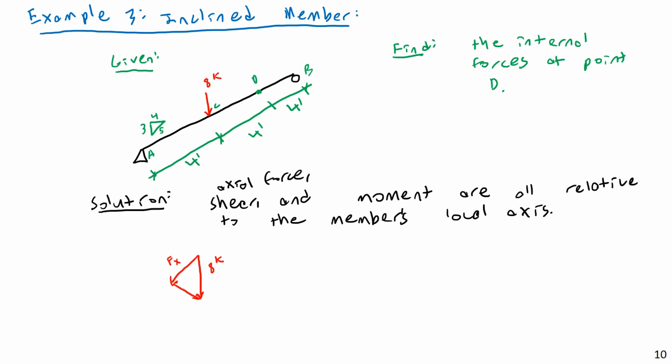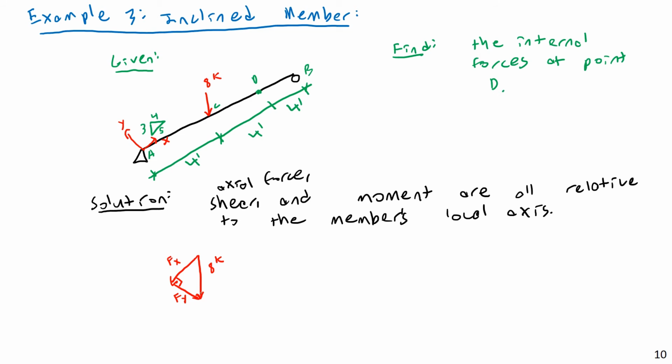I'm defining this as my x-axis and this as my y-axis. Even for slanted beams, I try to keep my zero point at the left-hand side. So in this case, Fy would actually be negative. And this is a right angle, and that's a right angle there.